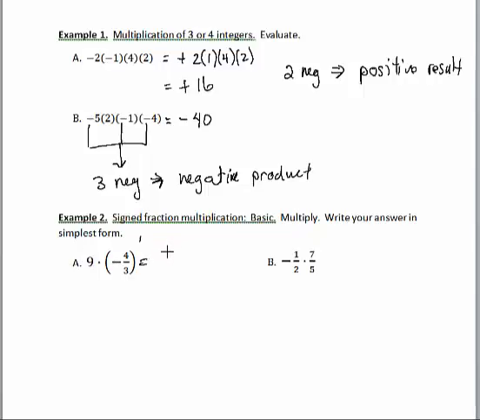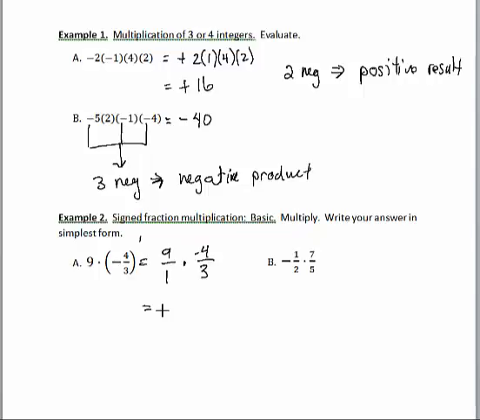We could write 9 as a fraction if that possibly throws you off. And this negative, if you wanted to, you could pair it with the 4 or the 3. I usually stick the negative with the numerator. You wouldn't want to split it up in both the numerator and the denominator. You would essentially be adding a negative into the problem, which would change the problem. Okay, so you either want to put it on the top or the bottom.